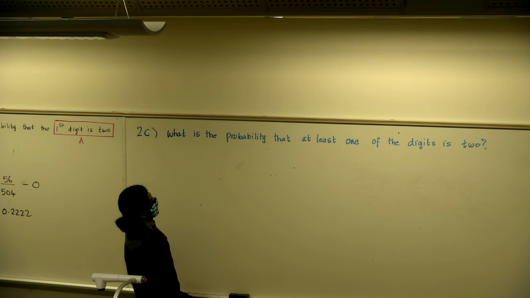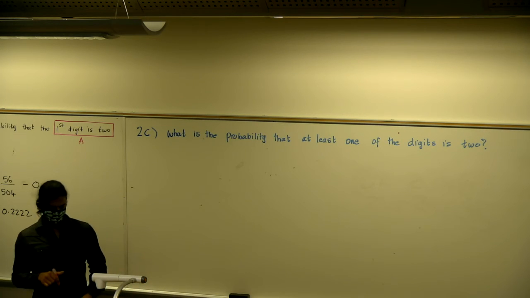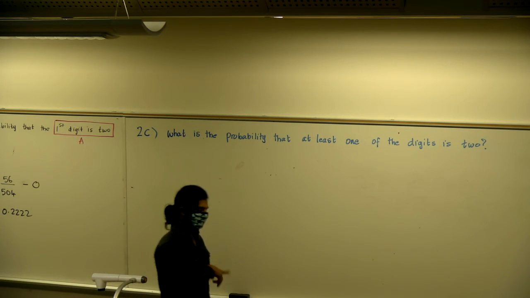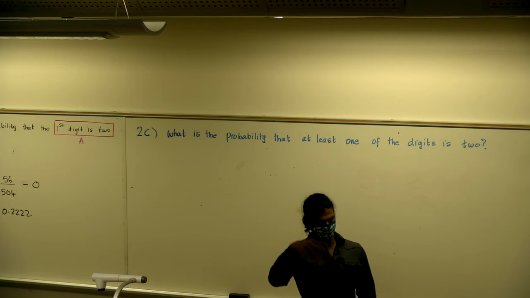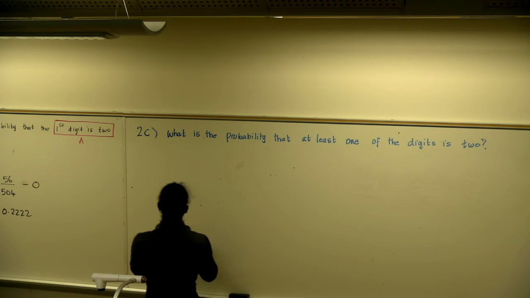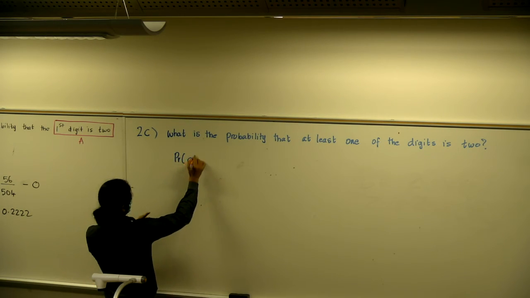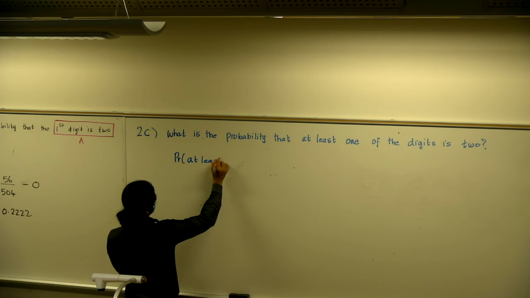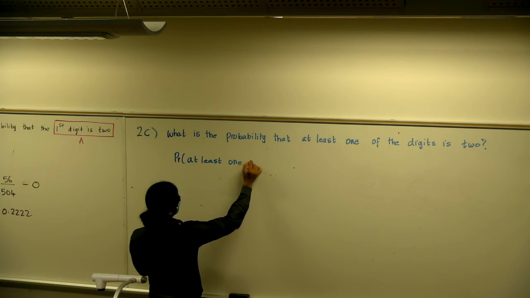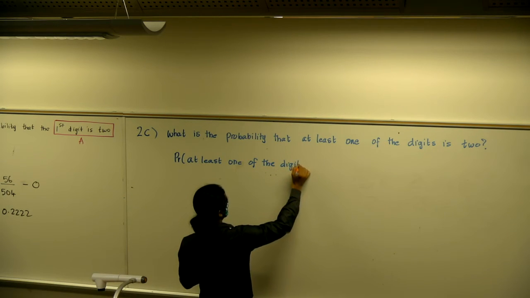So we want to find the probability that at least one of the digits is 2. Now, what does at least mean? One or more is 2, right? So we're pretty much saying, probability at least one of the digits. But more than one can't be 2. Patience, Bailey. Trying to explain.